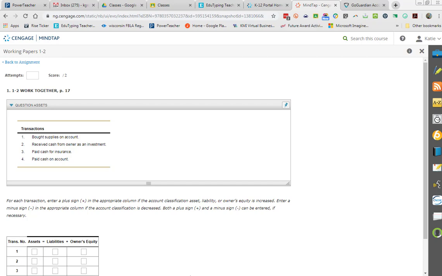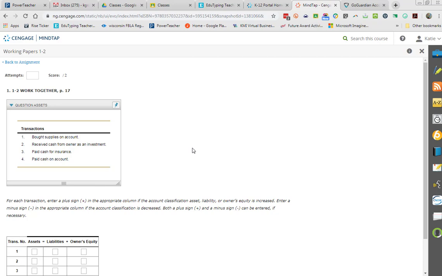And that's what our Work Together 1-2 is going to take a look at. On the very top up here, we have something called our question assets. And I want you to notice this image and this shape, because if you were using it on another device, you could actually resize this so it's not so wide.